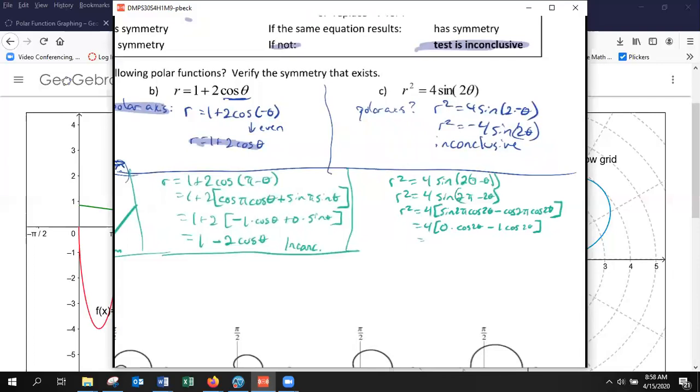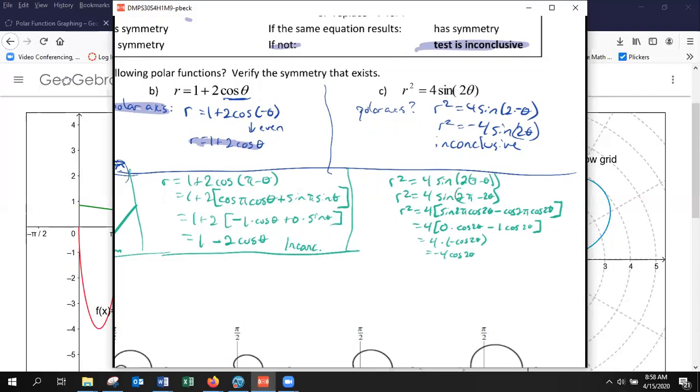So this is 4 times negative cosine of 2 theta, which gives me -4 cosine of 2 theta.